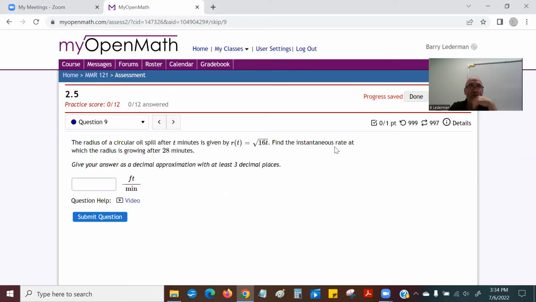Find the instantaneous rate at which the radius is growing after 28 minutes. And instantaneous rate of change, that's derivatives. So let's switch over to the other paper, and I'm going to work it out for you.